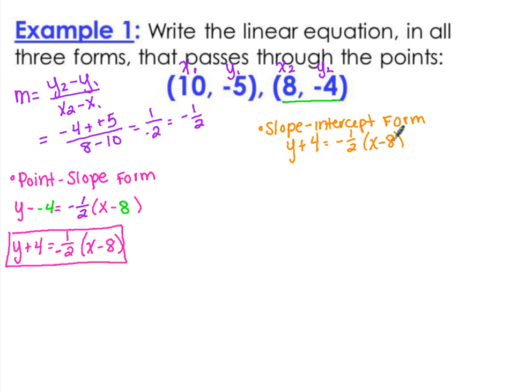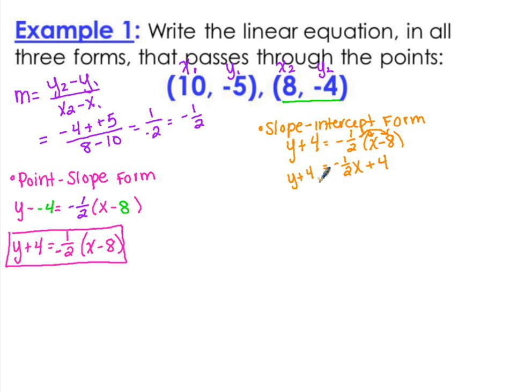I'm just trying to put it in slope intercept form, which is y equals mx plus b, which means I want y by itself. So when you're solving an equation to get something by itself, your first step is to distribute or simplify if you can. So I'm going to distribute negative 1/2 on this side and get negative 1/2 x. Negative half of negative 8 is a positive 4. And then I had y plus 4 over here that I didn't touch.